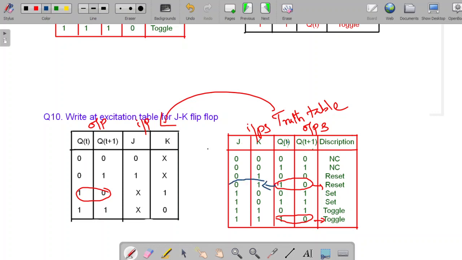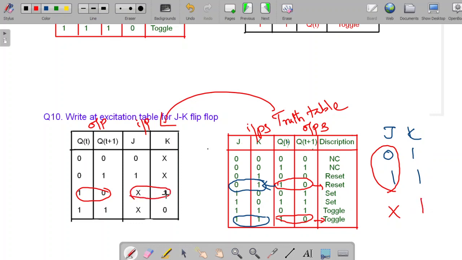The input conditions are 0 1 and here it is 1 1. Now you see here J is taking two different values, so it can be taken as X, but K is always 1 for this, right? So it is X1. That is how we get this X1. So this is our answer for the third combination.